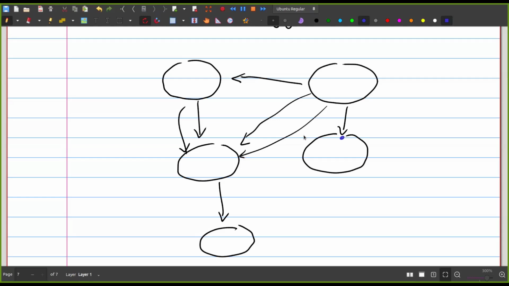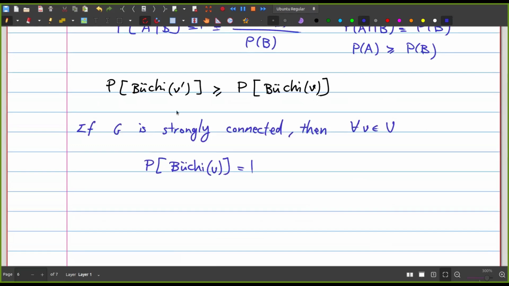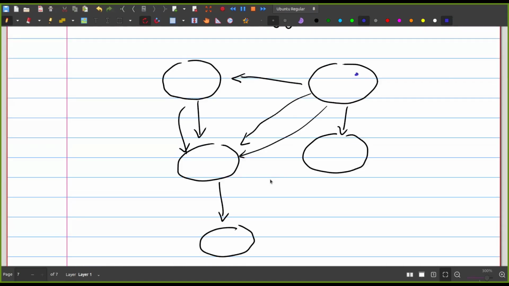Because suppose that I'm in a component that is not bottom. So let's say I'm here. I claim that with probability 1, I would actually exit this component. Why is that the case? So here's the thing. I can just look at my Büchi sets again. There are going to be some vertices that I'm going to see infinitely many times. Now suppose that the probability of exiting this strongly connected component is not 1.